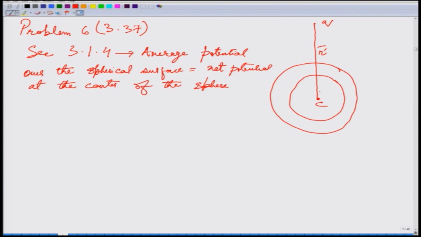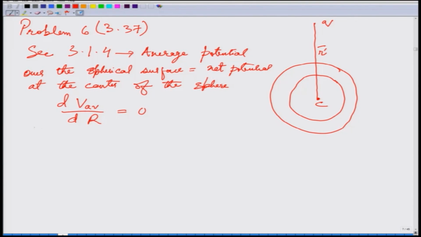You take a sphere of any radius, that means dV average over dr is equal to 0. This is one way of interpreting the statement.